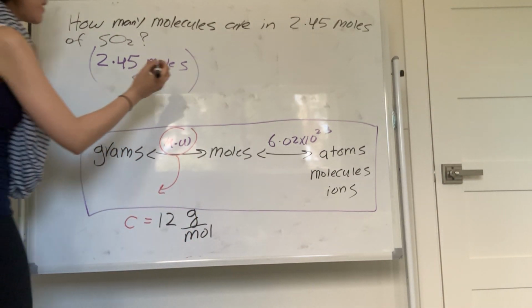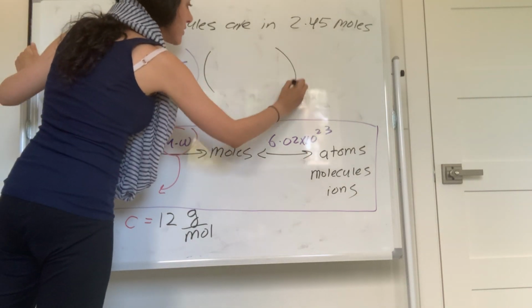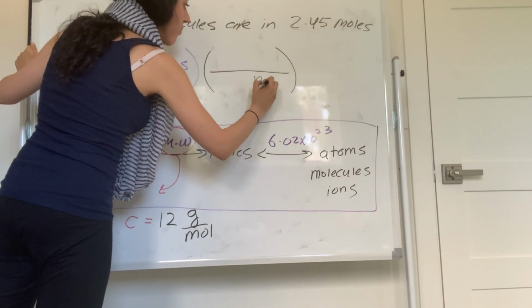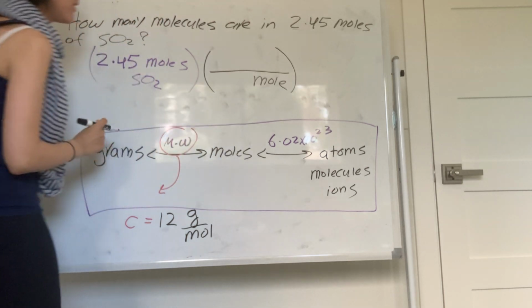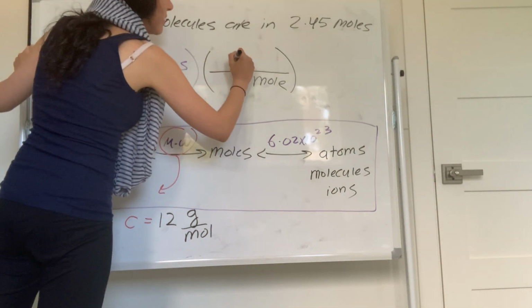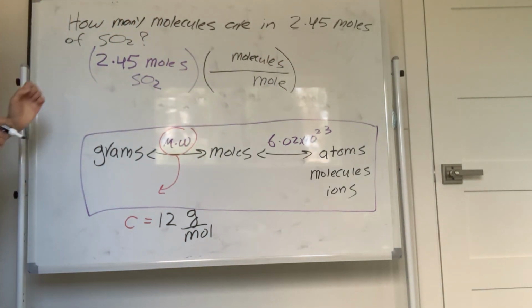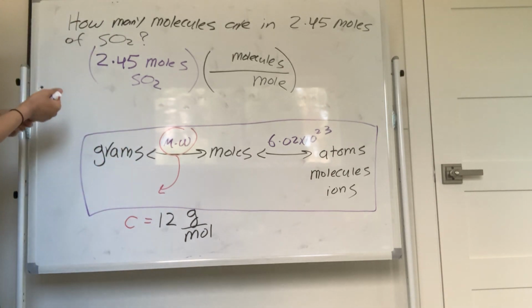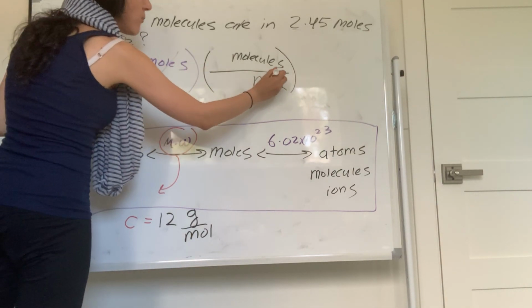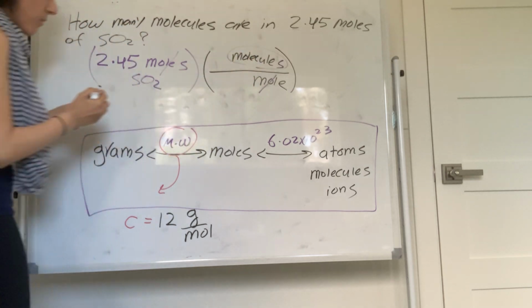I want to come back up here. Do you want moles? You don't. Mole is going to go down here. What do you want? You want molecules. Molecules is going to go on top. You agree? Okay. So molecules goes on top, moles goes on the bottom. Then I can cancel out the moles and end up with molecules.